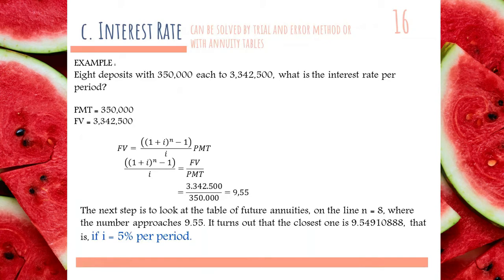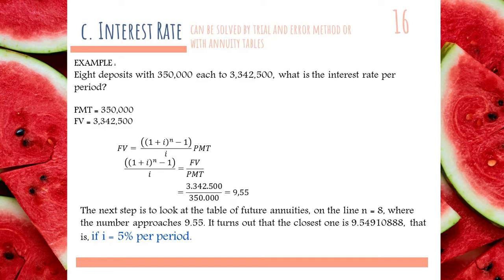Example: X deposits 350,000 each period to reach 3,342,000. What is the interest rate per period? You know the PMT and FV, so we use the FV formula, and then we get the result 9.55.